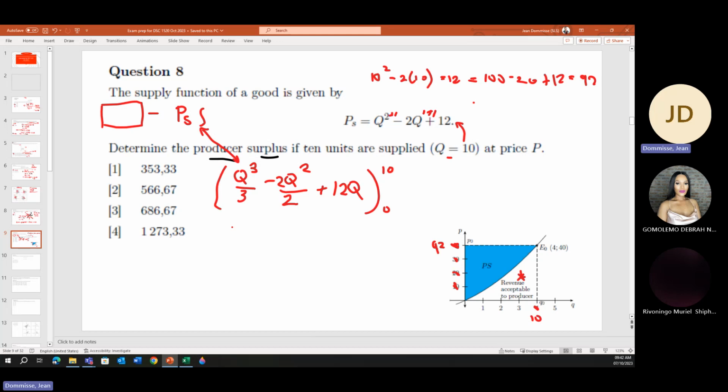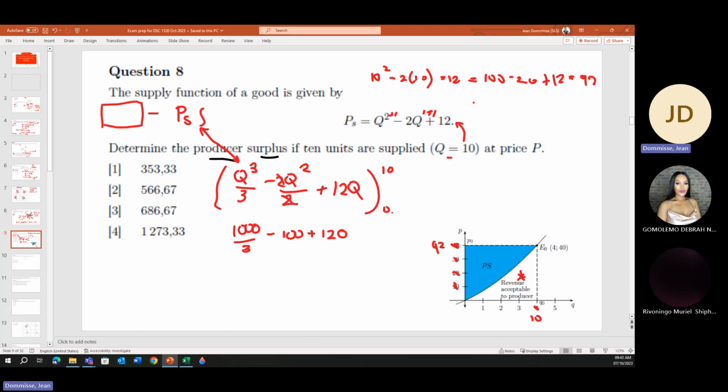10 to the power of 3 is 1,000. So 1,000 divided by 3, and that and that cancels out. So we have minus 10 to the power of 2, which is minus 100, plus 12 times 10, which is 120.